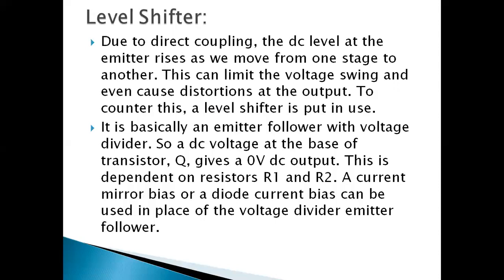To eliminate the problem, we use a level shifter prior to the output stage. Mainly the level shifter is an emitter follower with a voltage divider. A DC voltage at the base of the transistor gives a 0 volts DC output, and this is dependent on the resistors R1 and R2 which we are using in the circuit.